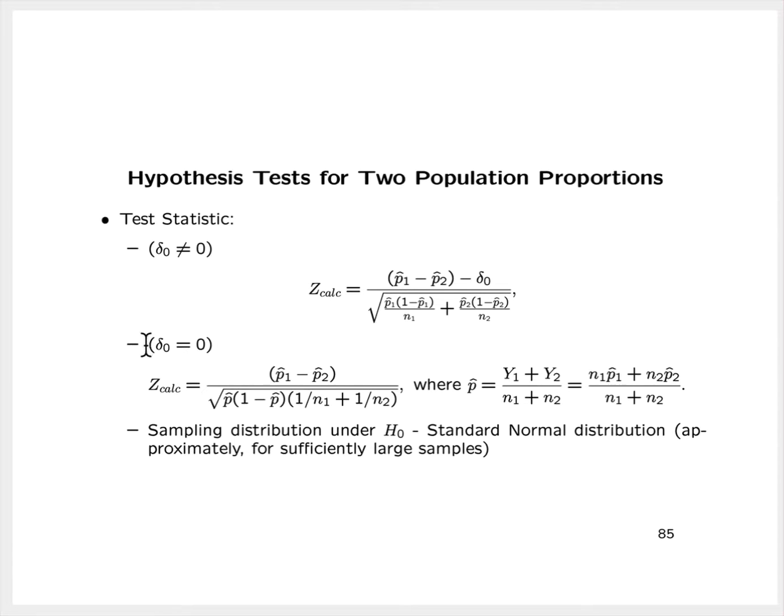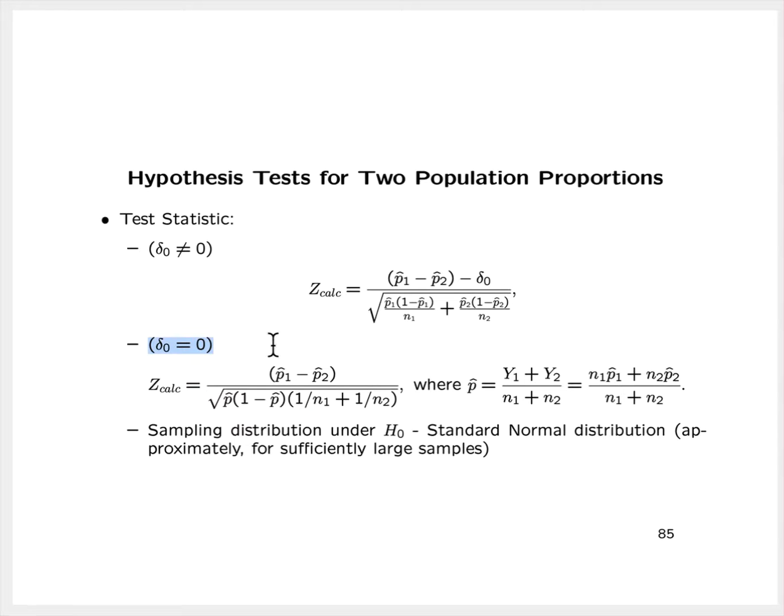On the other hand, if the hypothesized difference is zero, then let's stop and think about this for a minute. If the hypothesized difference is zero, then under the null hypothesis, P1 and P2 are equal. And so we can drop the subscript. Let's let P represent the common value, the value of P1 and P2 under the conditions of the null hypothesis.